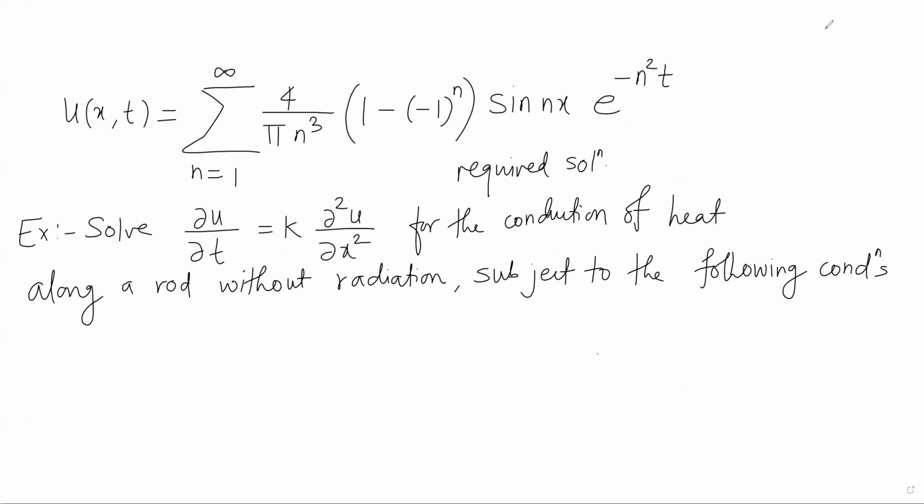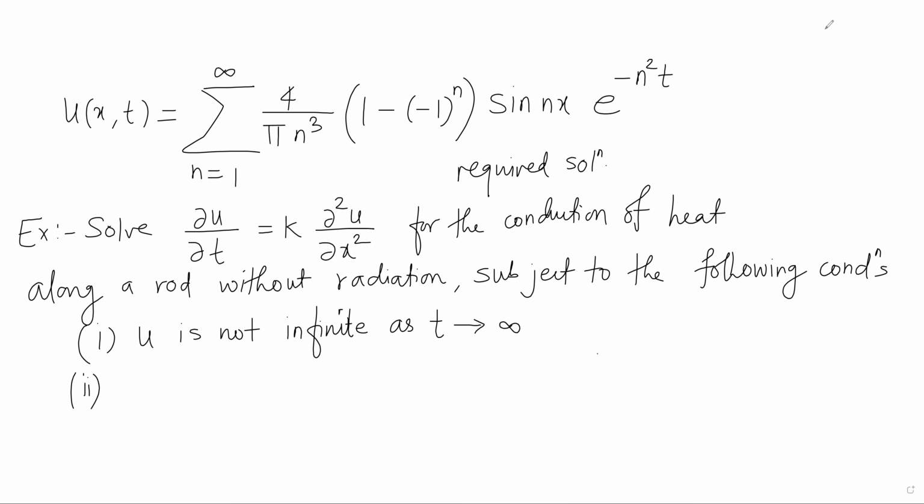The first condition is u is not infinite. Sometimes it is given that u is finite, sometimes that u is bounded, in some cases that u is not infinite, as t tends to infinity. So as t increases, u is finite or bounded.